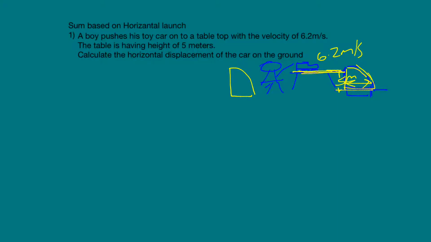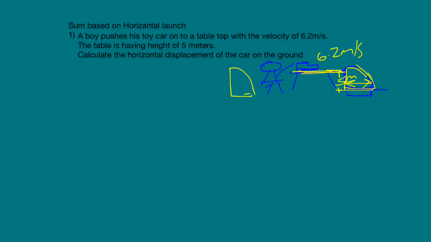So here we can solve this question. First of all, what formula is needed here? As usual, we will use S equals ut plus half at square, because we know these different parameters. We cannot find distance directly.